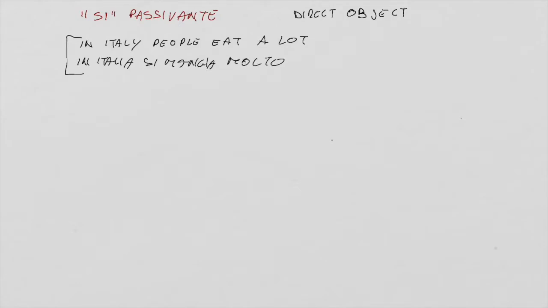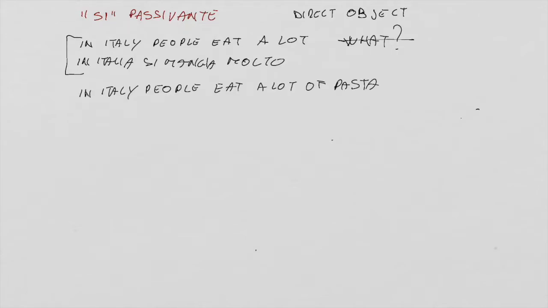Now, in this sentence, there's not a direct object. In fact, you say that people eat a lot, but you do not say what people eat. There's not an object, a noun that answers the question what. Now, I gave you another example.